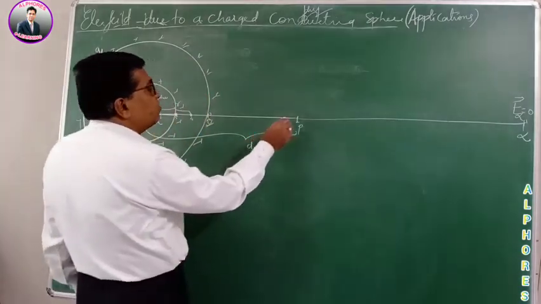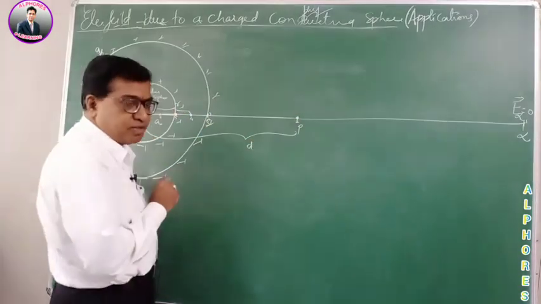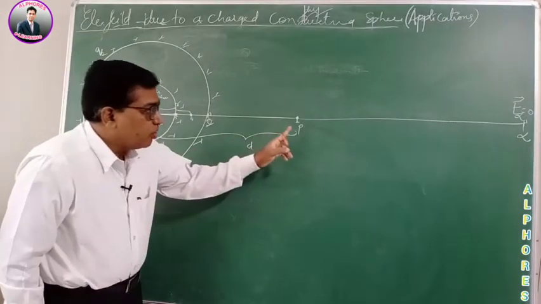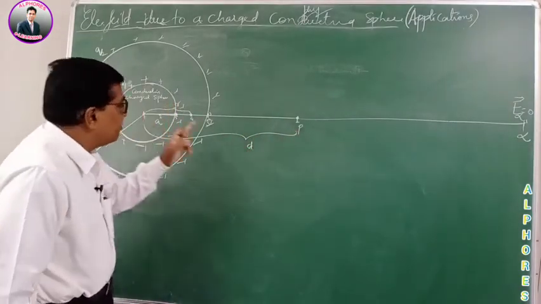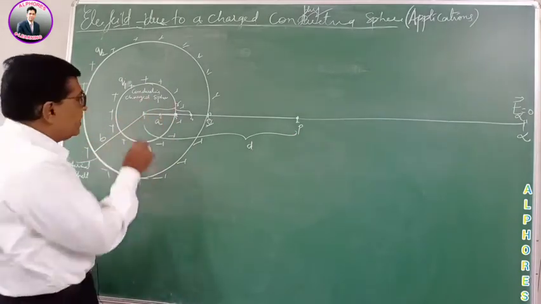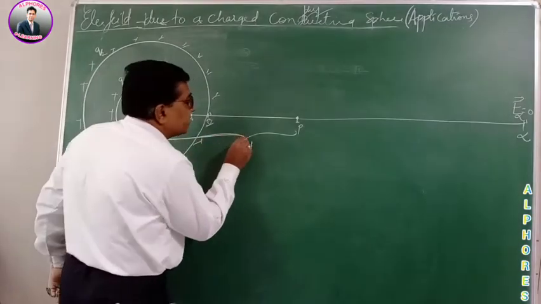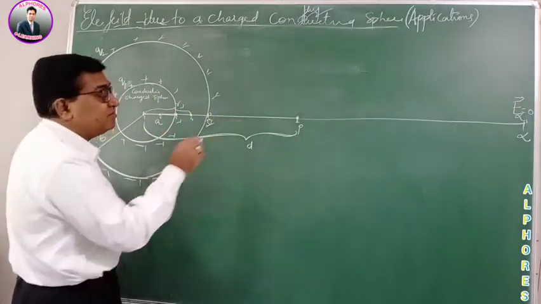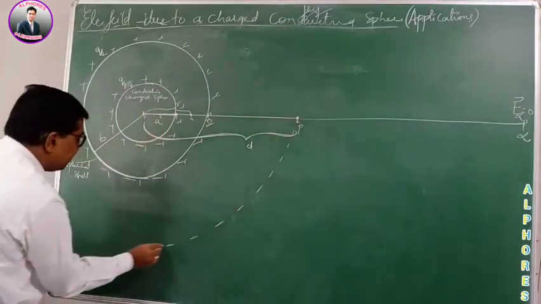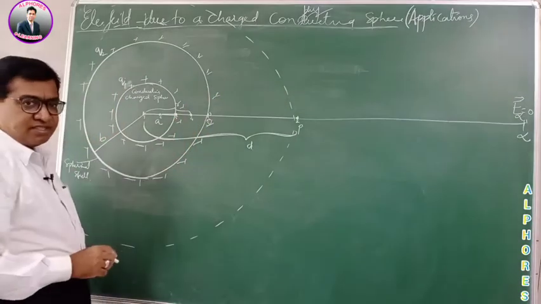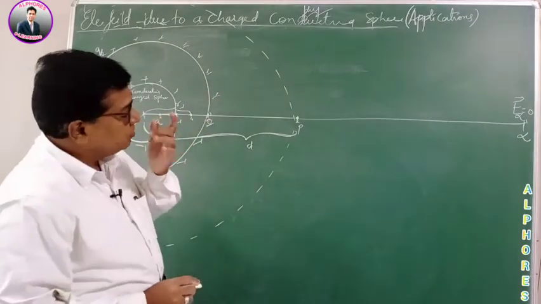Now coming to the outside point P. Now please concentrate. The point P is at a distance d from the center, the common center of both the spheres. Now I have to find the electric field at this point. Imagine a Gaussian surface. You know a Gaussian surface should be symmetrical.